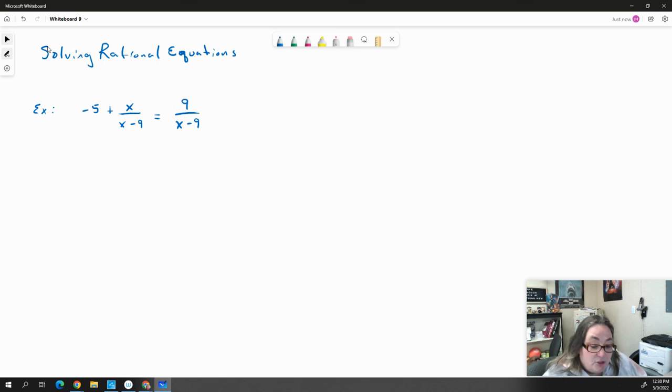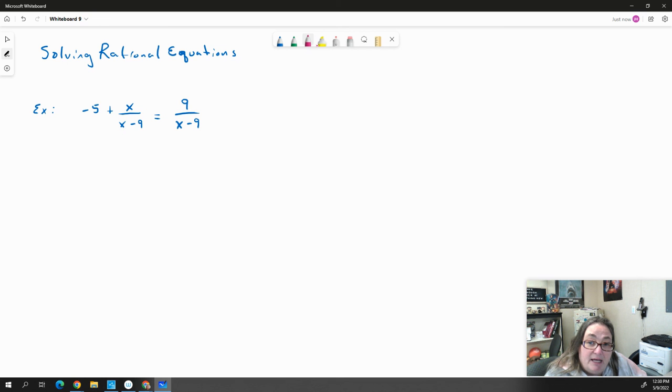And the way we do something like this when we have a fraction, which is everything we're dealing with, right? Everything we've been dealing with so far has been rational equations, which means we're dealing with fractions. But in this case, we can get rid of that fraction, right? The first thing that I want to do is get both of those fractions on the same side of the equal sign.